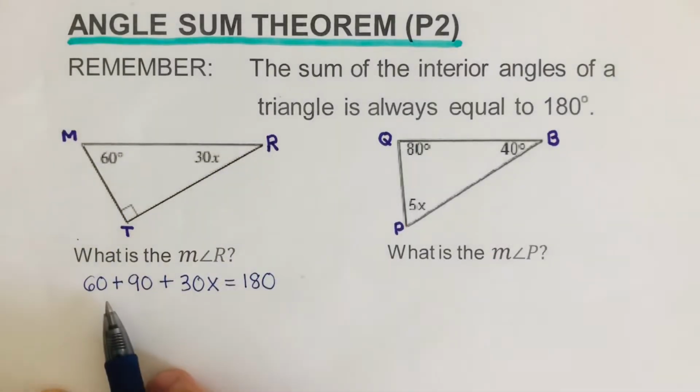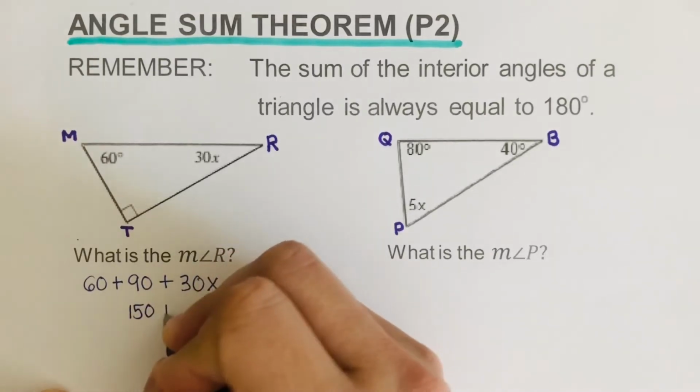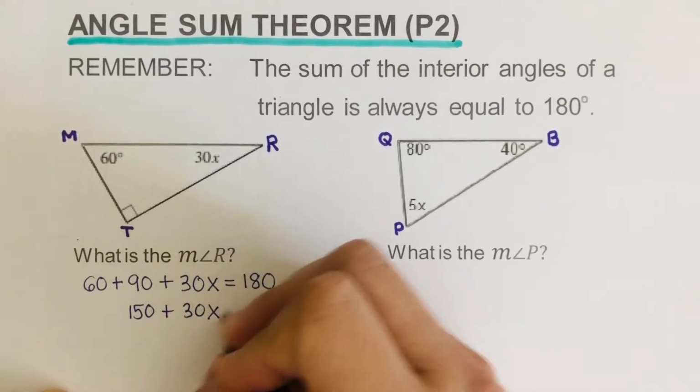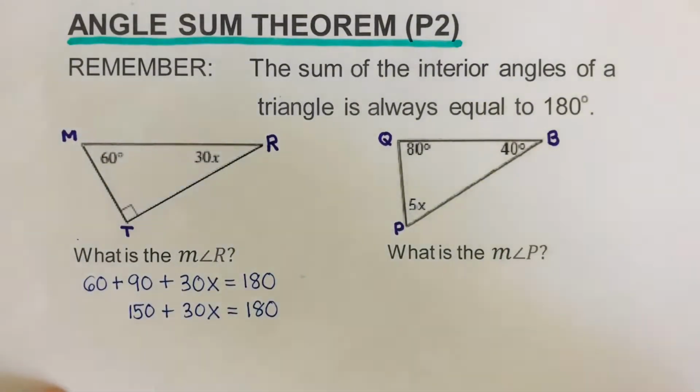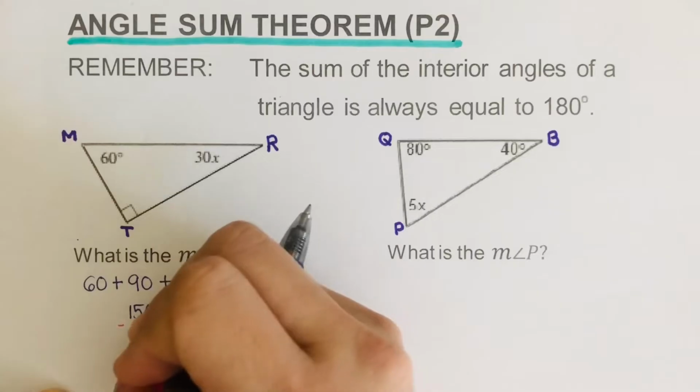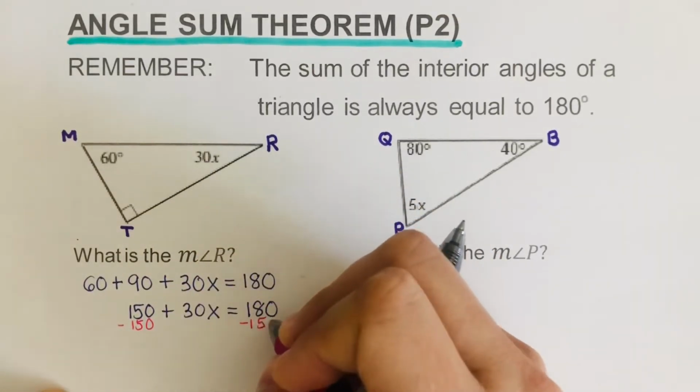Combining the 60 and the 90, that is 150 plus 30x is equal to 180. The next thing we have to do, since we want the x by itself, is to subtract 150 from both sides.